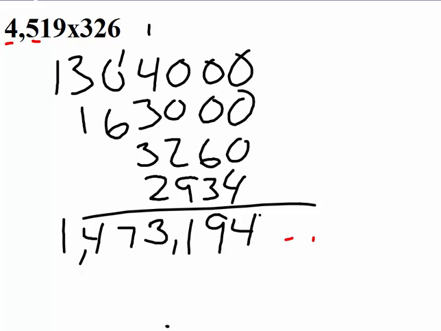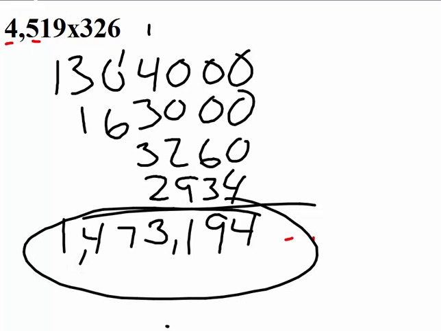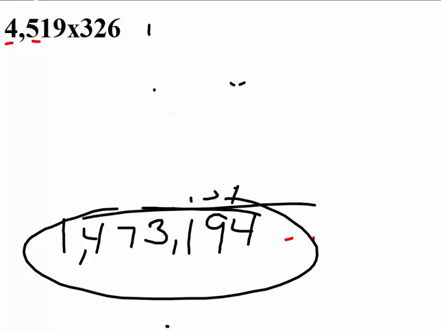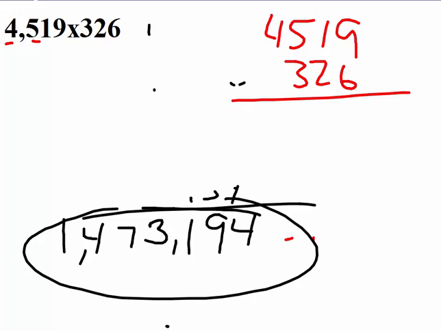So now let's check this answer using our standard algorithm and see if we get something that is equivalent. So I have 4, 5, 1, 9 times 326. So here I have 4, carry the 5. 6 times 4 is 24, plus 3 is 27.